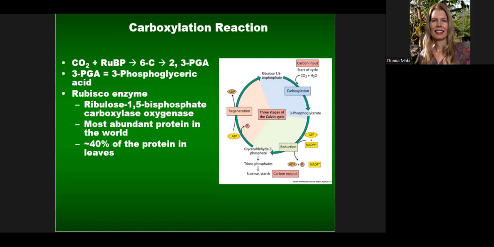And then that step is being facilitated by the Rubisco enzyme, which has a big long name. It's ribulose 1,5-bisphosphate carboxylase oxygenase. Thank goodness they put it into an acronym, so it's Rubisco. This is really the most abundant protein on the face of the planet.